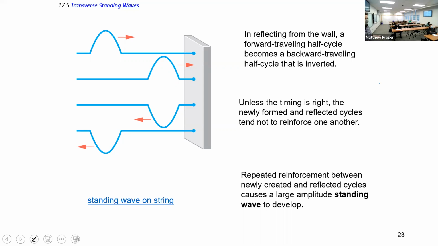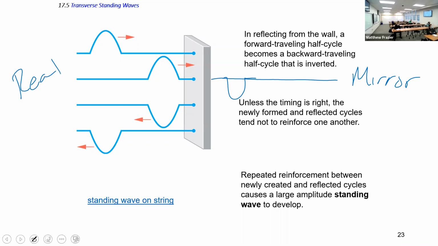And so when waves come in those cases, it kind of looks like a mirror image, right? So on the right, we have a mirror image and it's flipped over.